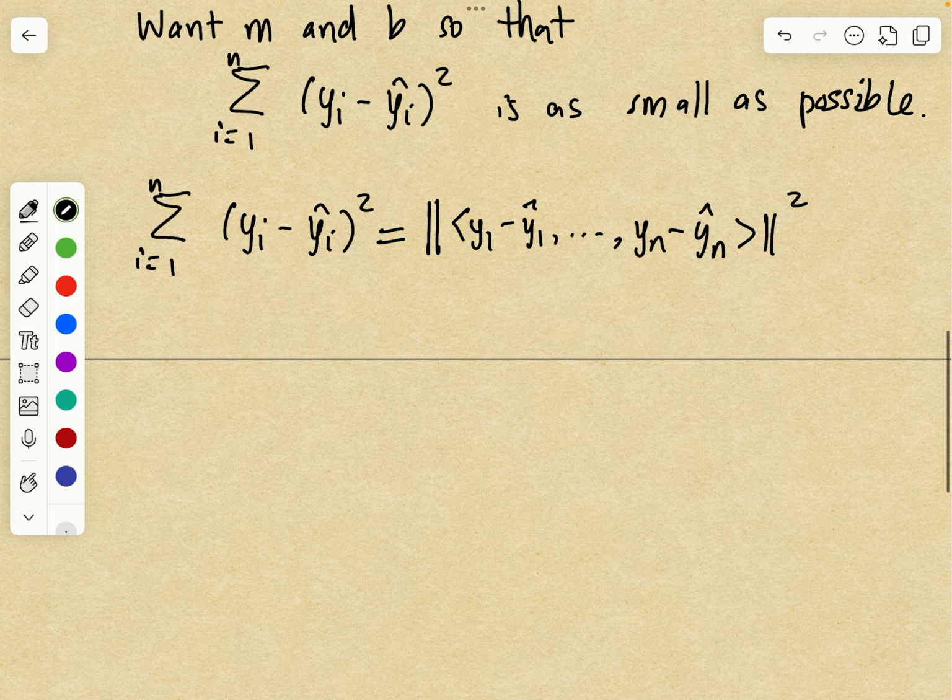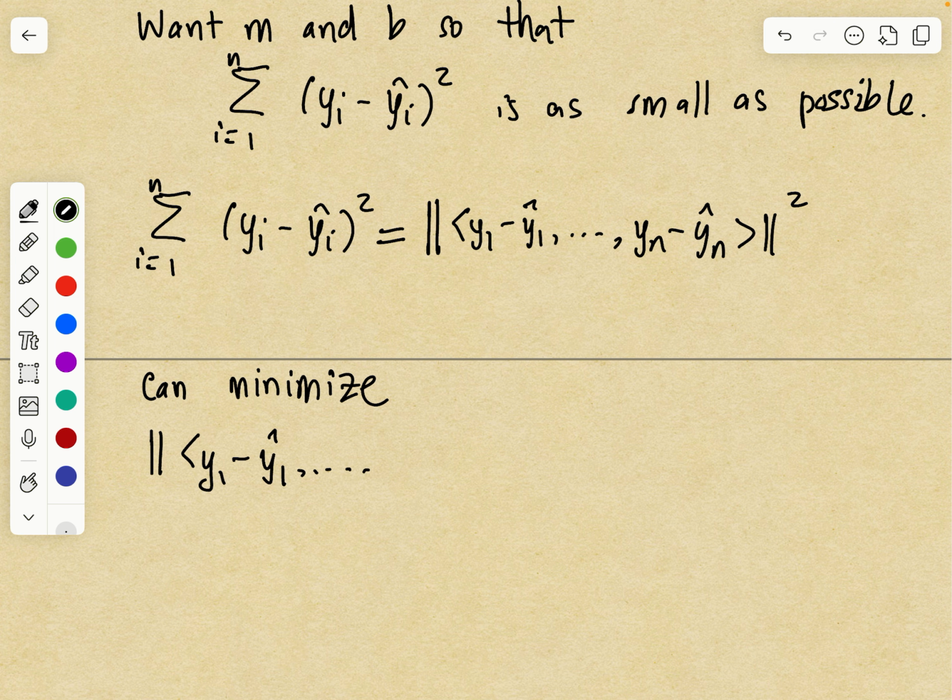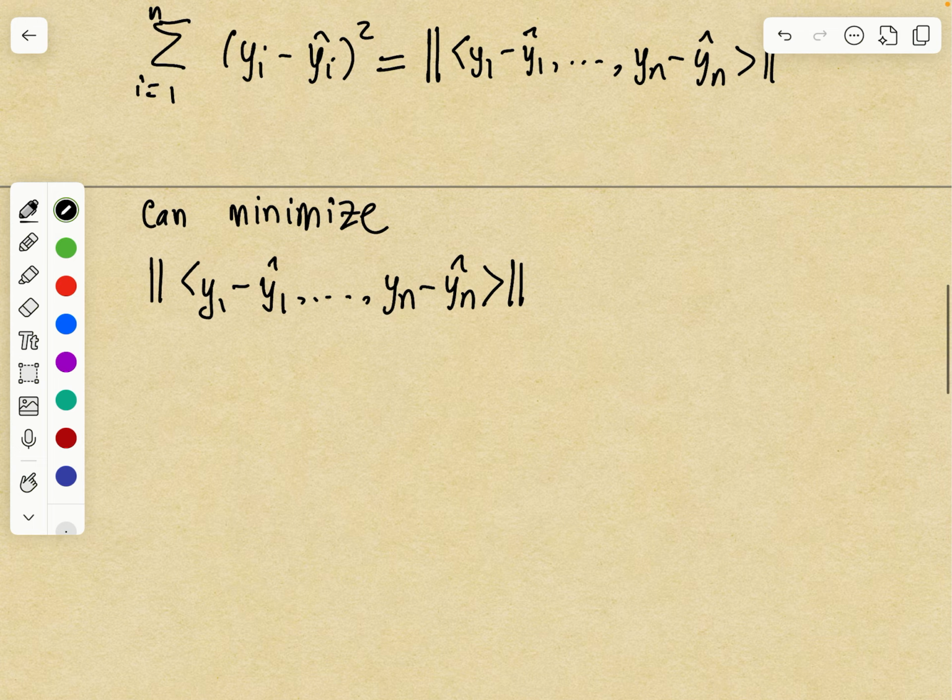It's the length, or the magnitude, of this vector squared. That's one way to think about this expression. If we're trying to minimize the square of some non-negative number, we can minimize the magnitude of this vector, y1 minus y1 hat up to yn minus yn hat. We're trying to find m and b that will make this as small as possible.